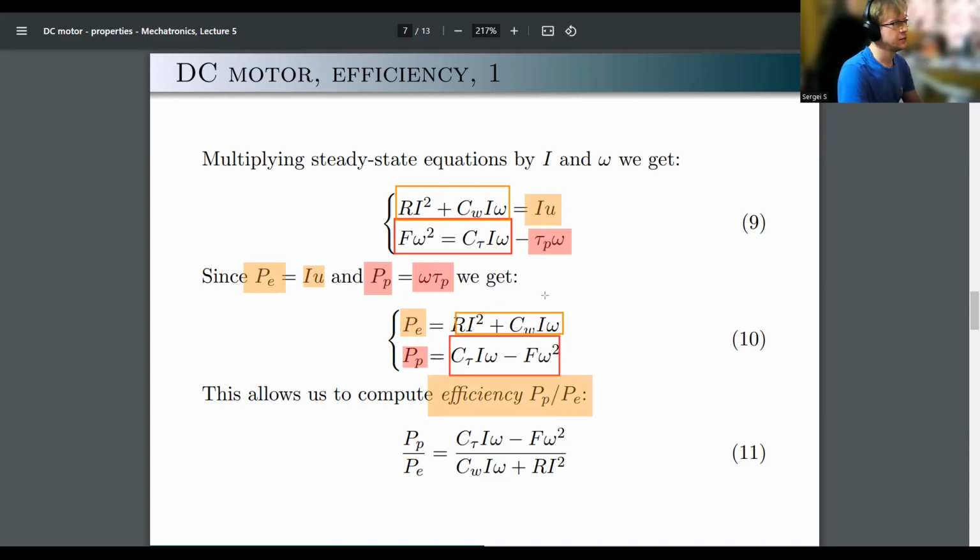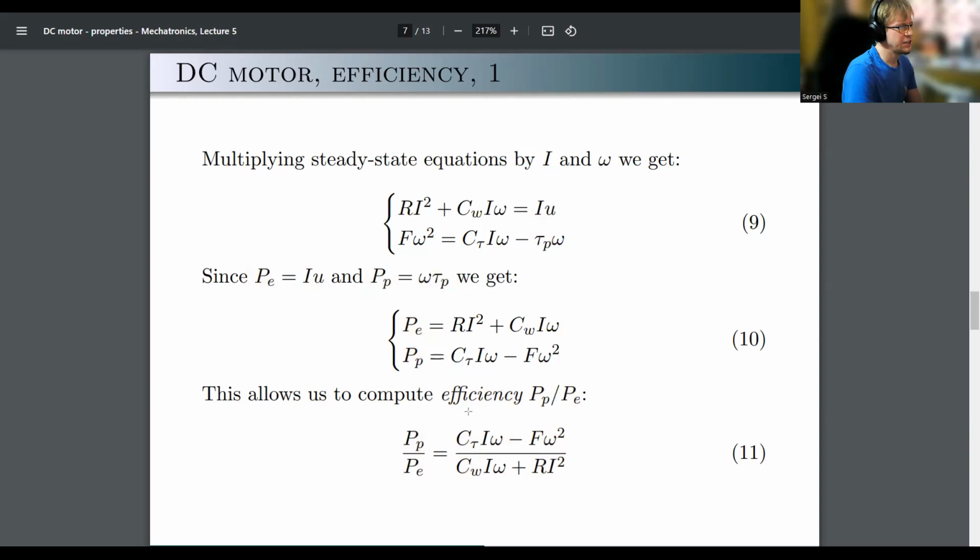Essentially, efficiency is how much mechanical power, which is what we care about, do we get by spending a unit of electrical power, which is what we pay. So this ratio is what we wrote. So far, it just looks like a mess. It's not difficult to analyze, but it is a correct formula. So that is nice.